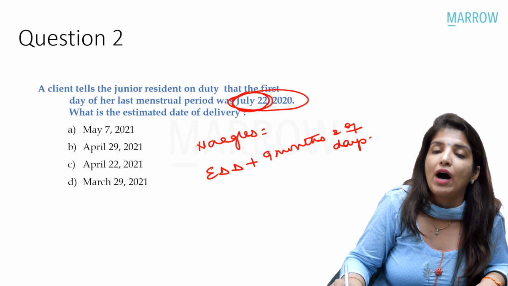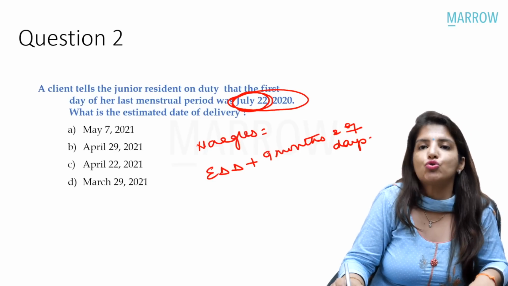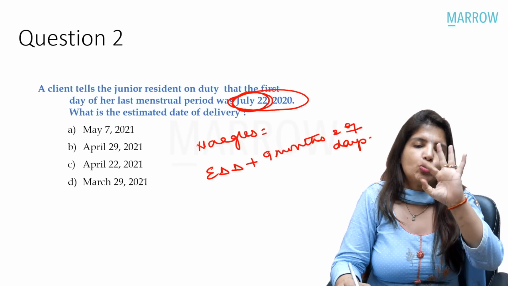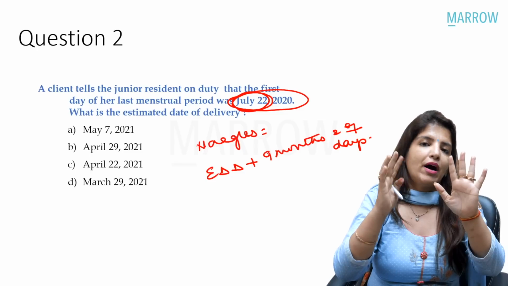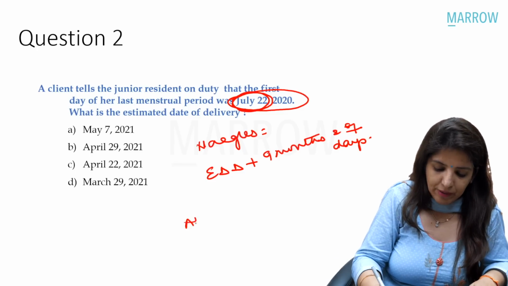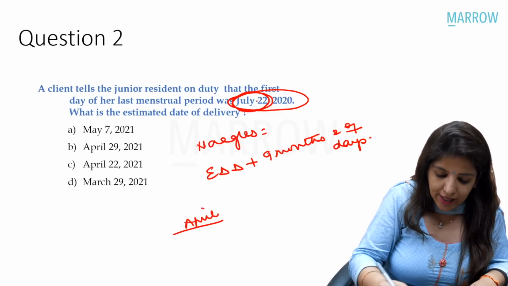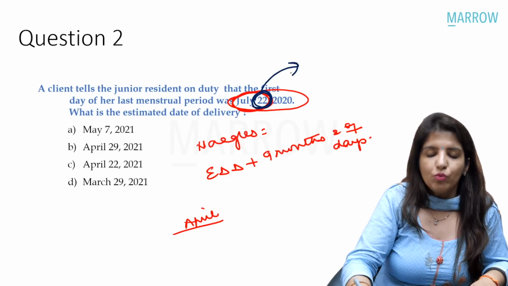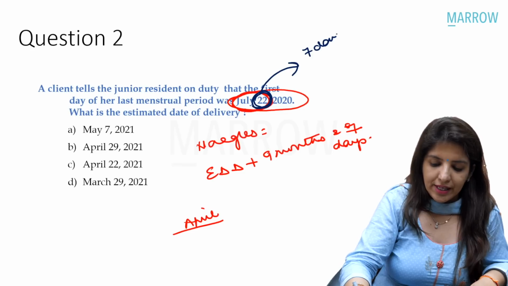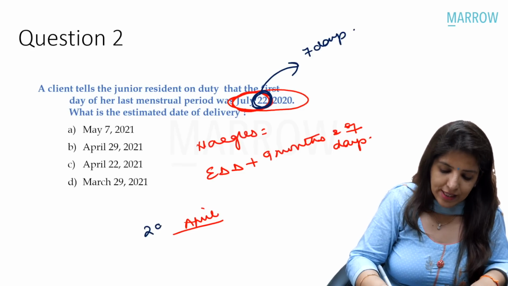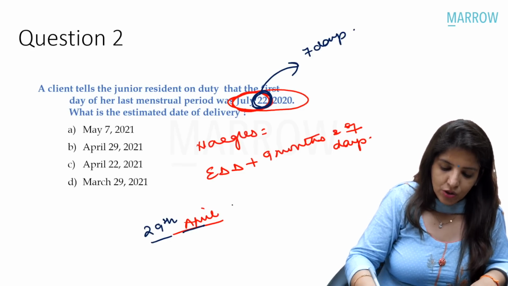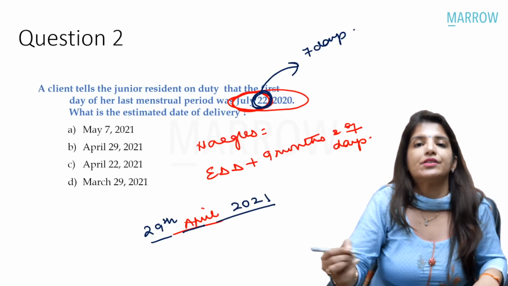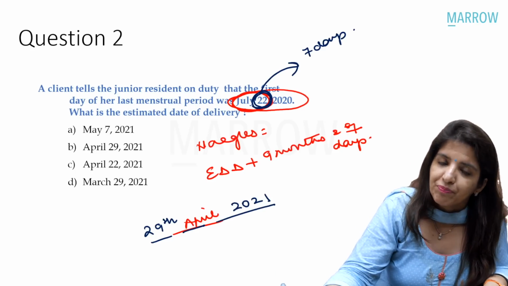So, if you are adding 9 months to July: August, September, October, November, December, January, February, March, April. So, you come to April. And whatever date is given to you, you will have to add 7 days, right? So, that is 29th April 2021. That is her expected date of delivery, right?